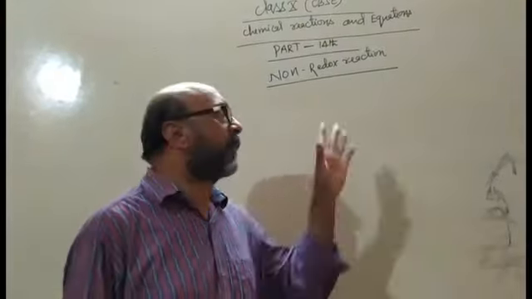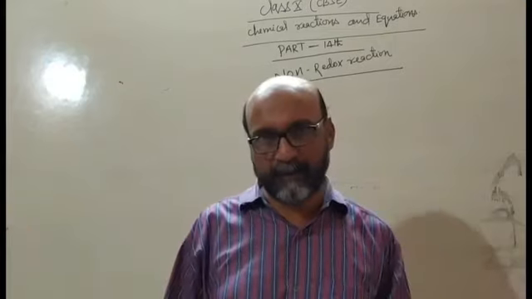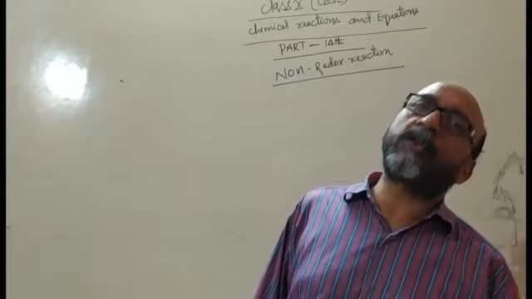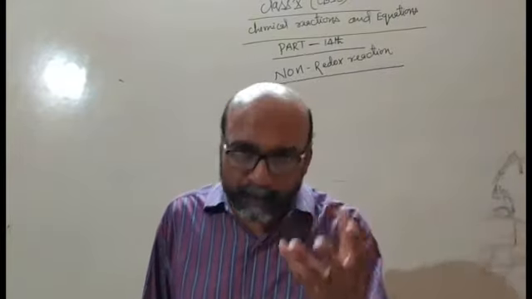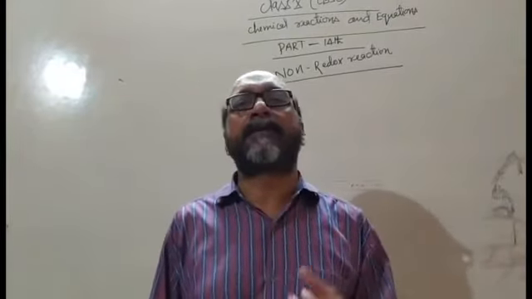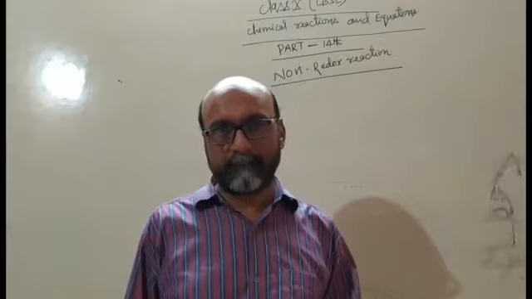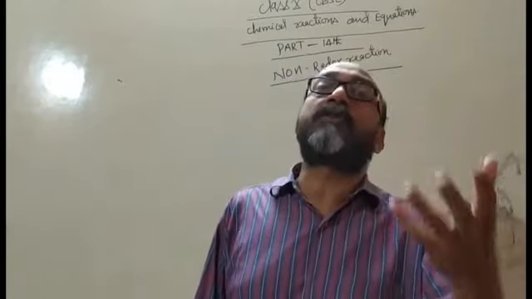Dear friends, we have learned in this chapter through a series of videos different kinds of chemical reactions, namely combination reaction, decomposition reaction, displacement reaction, double displacement reaction, and redox reaction.